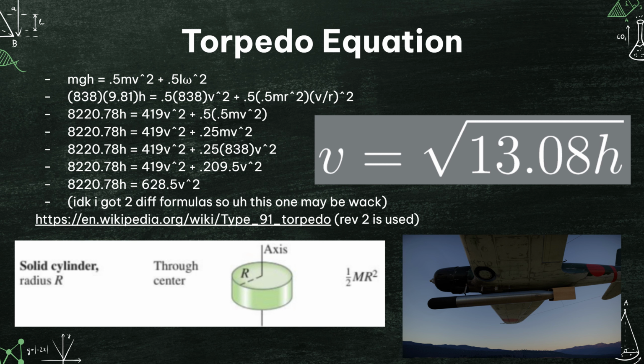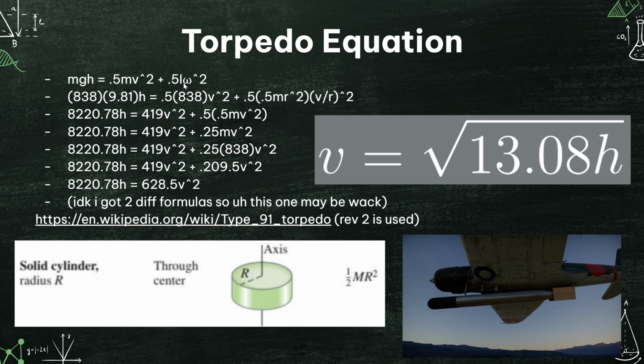and the specific rotational inertia of the torpedo when it spins around its center is going to be 0.5 mr squared, which I have taken from this diagram as a reference here. And the other trick that you need to know is that velocity is equal to the rotational velocity, or omega here, multiplied by radius.